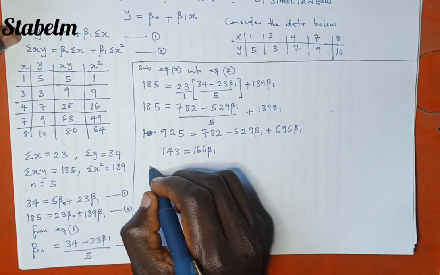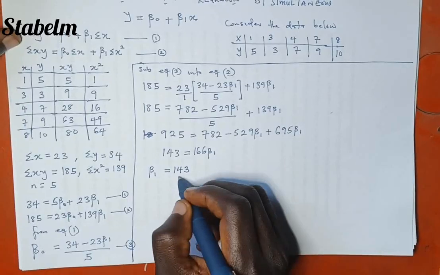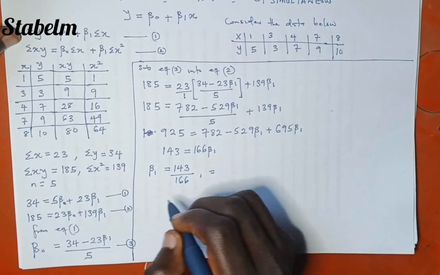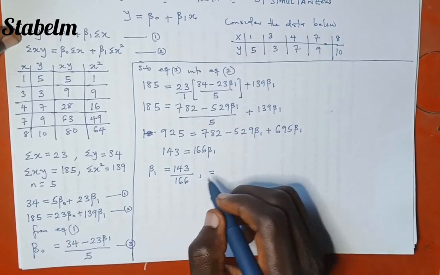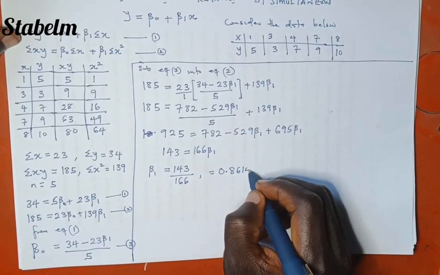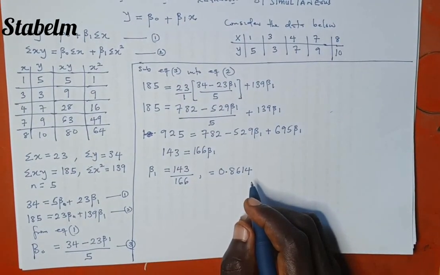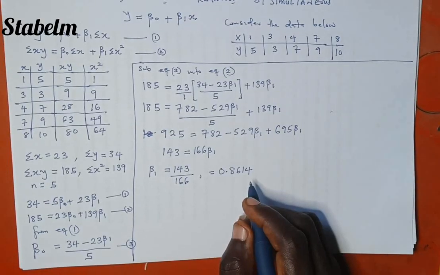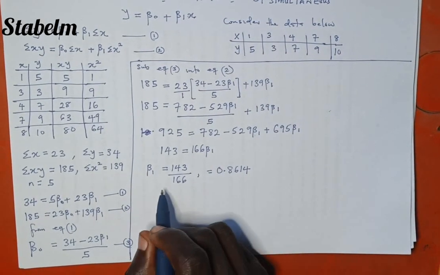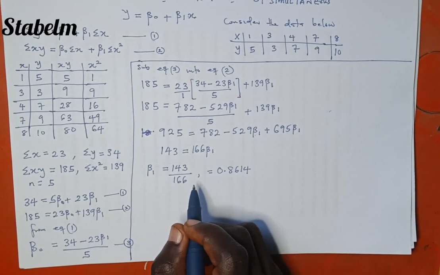Make beta 1 the subject here, so beta 1 equals 143 divided by 166. If you divide it correctly, it's going to give you 0.8614. So out of the two parameters, we have gotten the value for beta 1.